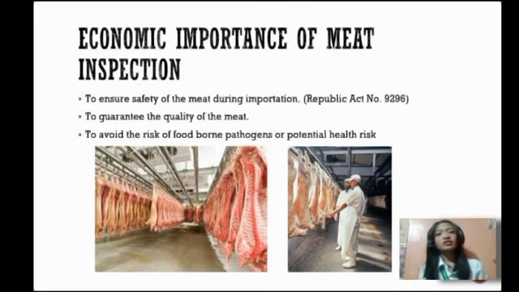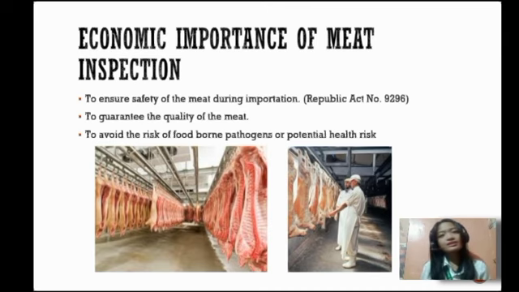So first, we have to ensure the safety of the meat during importation. This is under Republic Act number 9296, or the Meat Inspection Code of the Philippines, which was amended by RA 10536, which states that the meat should be inspected and escorted properly during importation. Next, to guarantee the quality of the meat, to avoid the risk of foodborne pathogens or potential health risks.